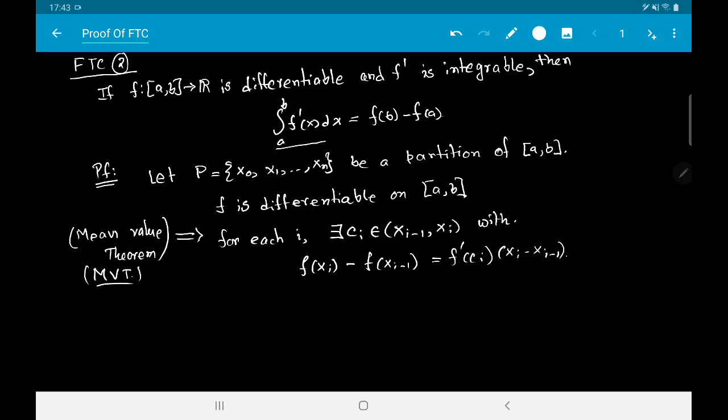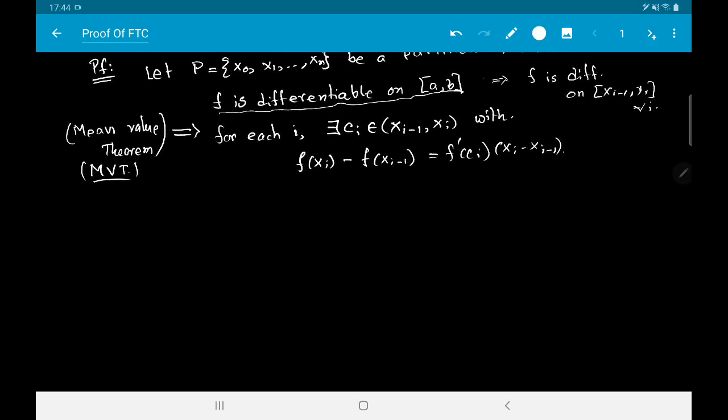So note where we apply the mean value theorem: we are given that f is differentiable on the whole closed interval, and that will also imply that f is differentiable on [xi−1, xi] for all i. I'm sure that you are following me.